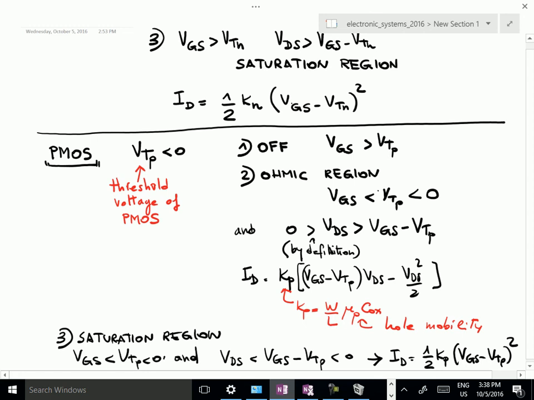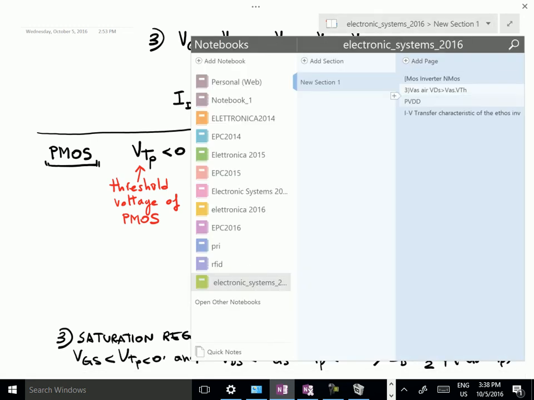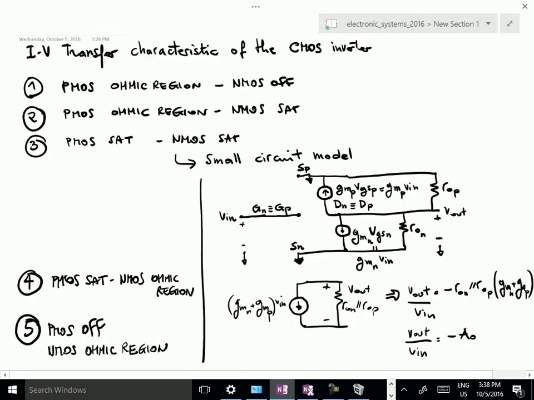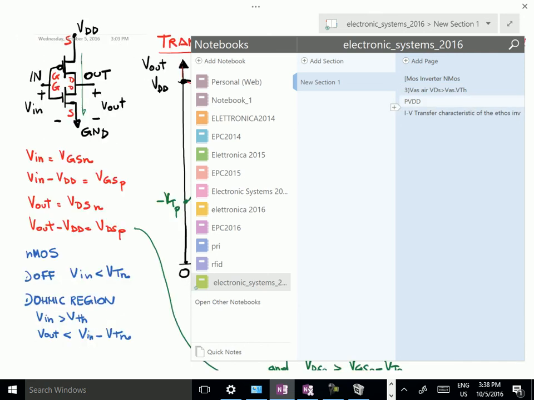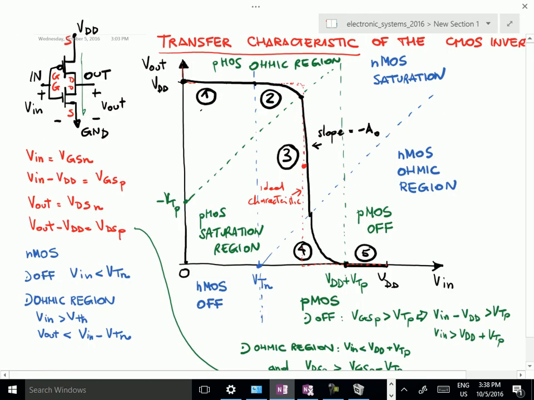They are also identical in the ohmic region, and therefore it is easy to demonstrate that this transfer characteristic has this branch which is repeated symmetrically in the second half.